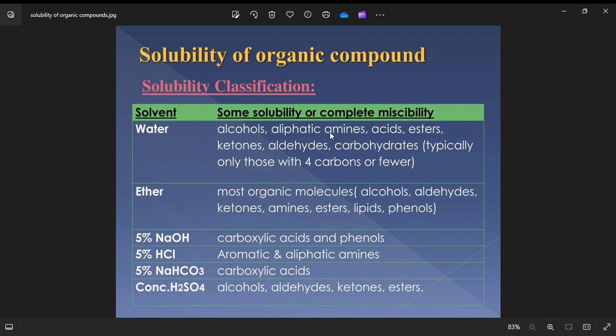You don't know, but you can categorize them as low molecular weight compounds. Then your sample D in the laboratory was an acidic compound. It changes blue litmus to red. So it was acidic and it dissolved in sodium hydroxide. It also dissolved in sodium hydrogen carbonate. That makes it what? Carboxylic acid.